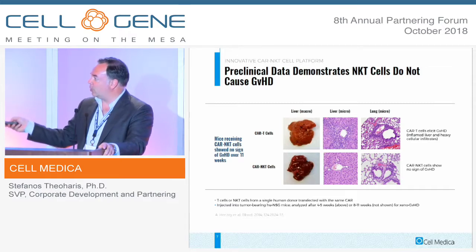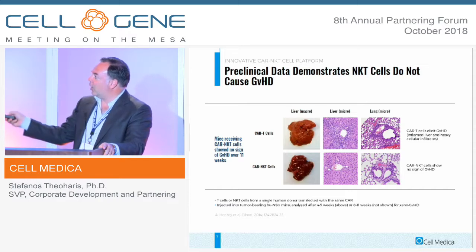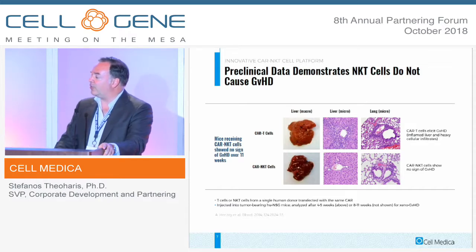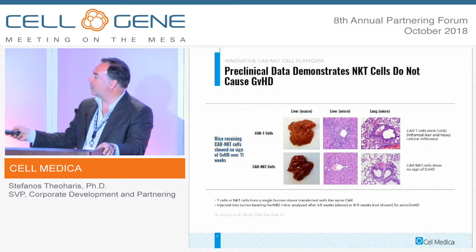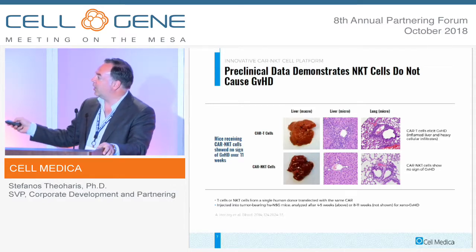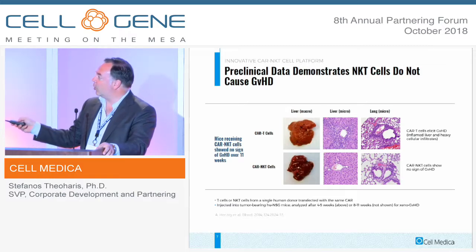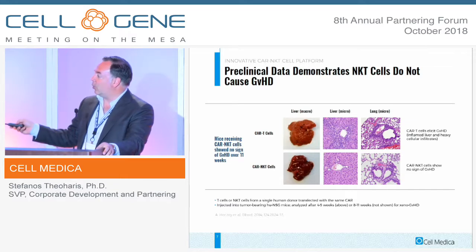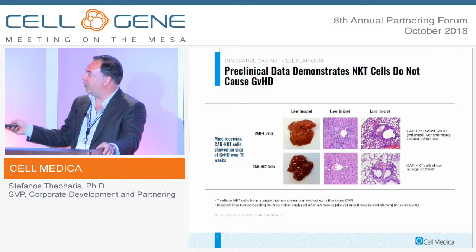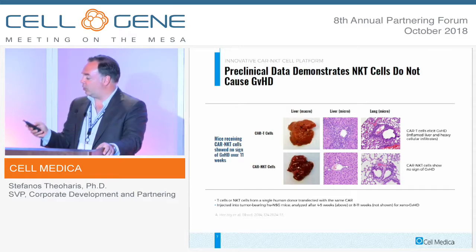These come from the same donor, the T cells and the NK T cells. On the top you're seeing a liver that's significantly necrotic. It's very white. It's not perfused sufficiently. There is a very heavy infiltration of T cells in the micrografts in both the liver and the lung. Compare that with the NK T cells, where you see a very healthy red liver and absolutely no infiltration of T cells in these tissues.